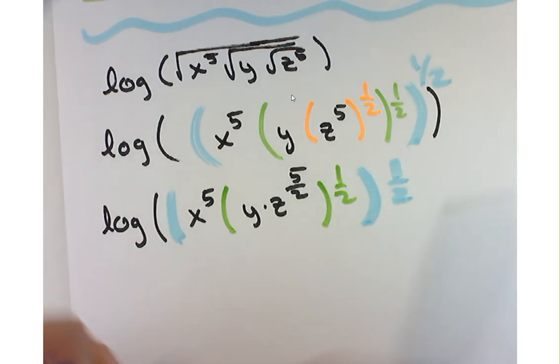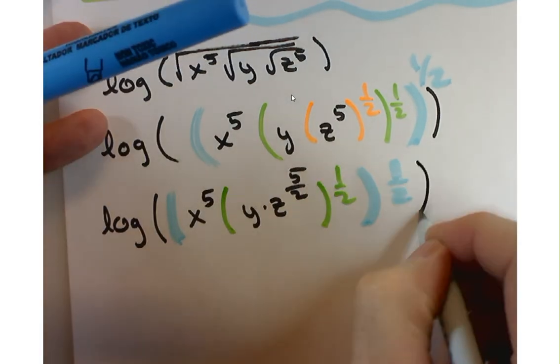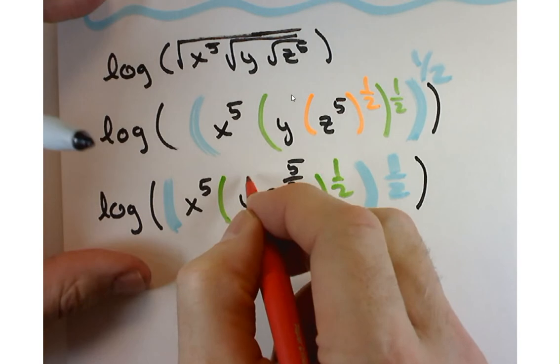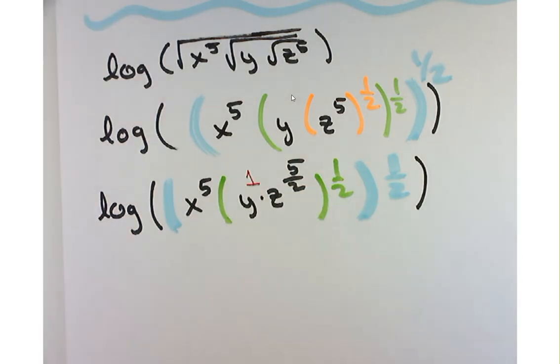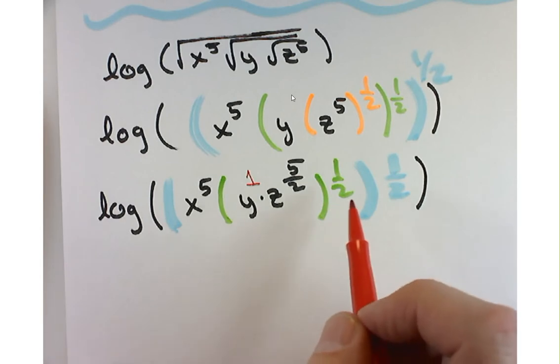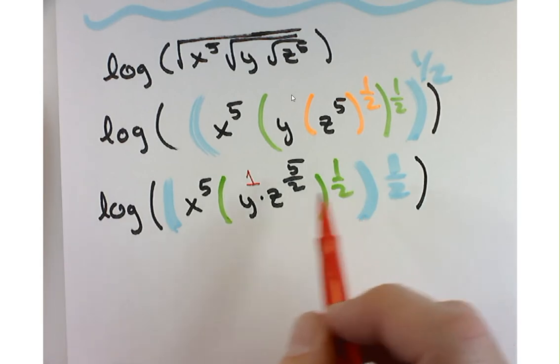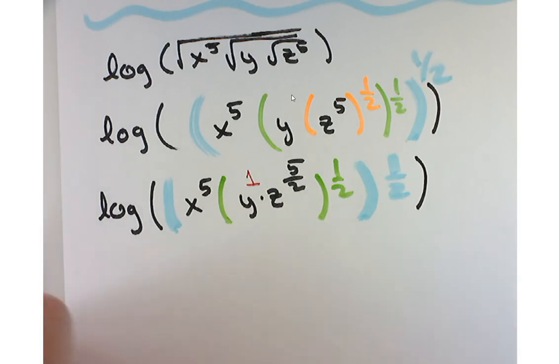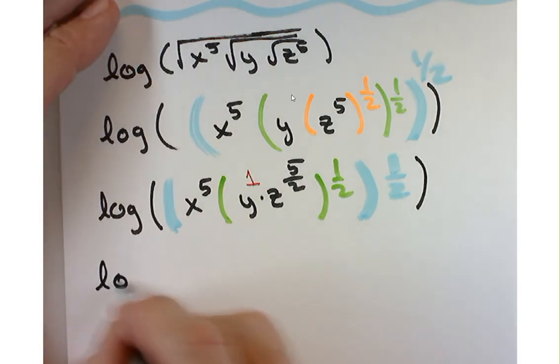I still have a lot of stuff going. It's not written here, but what's the exponent of y understood to be? 1. Now, this exponent here is going to multiply each exponent on the inside just like it did with the previous one.